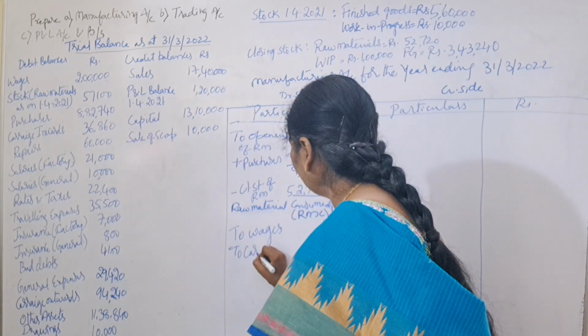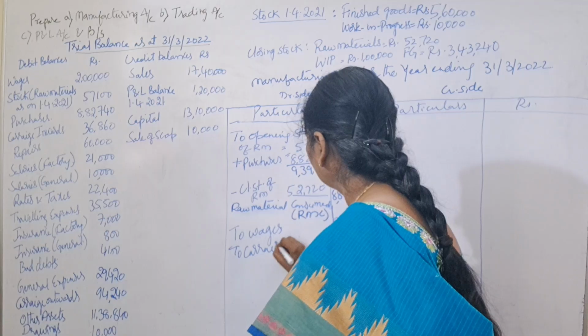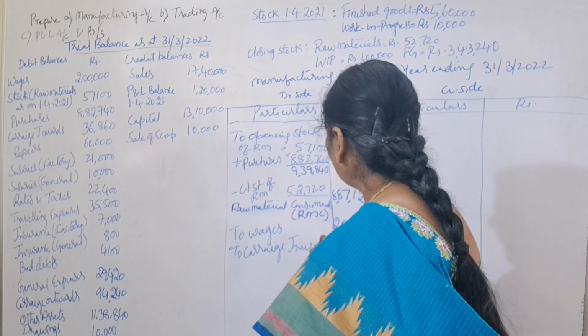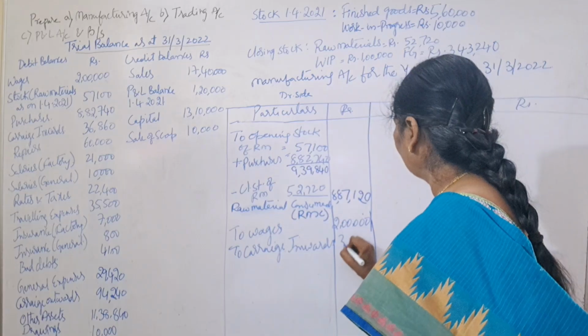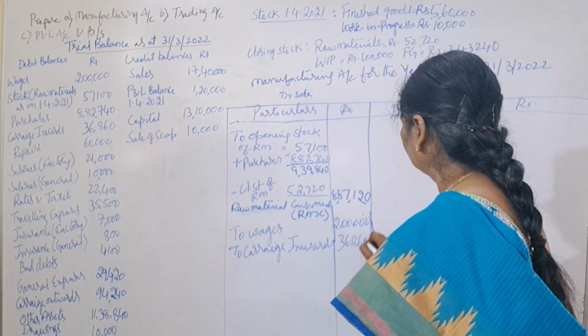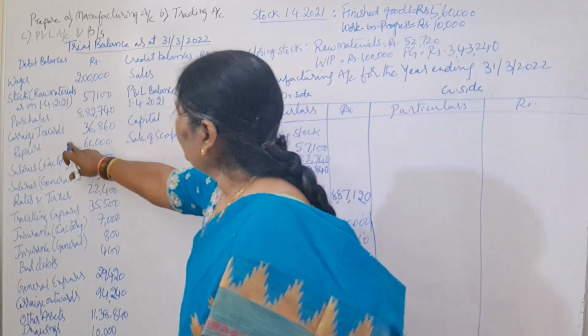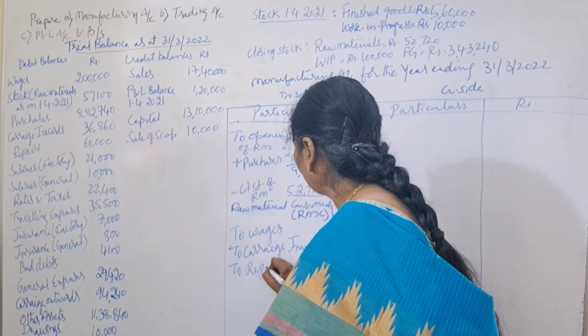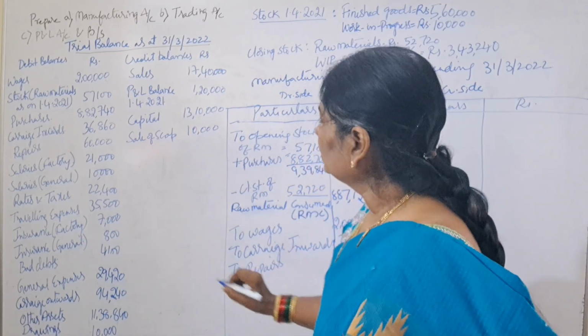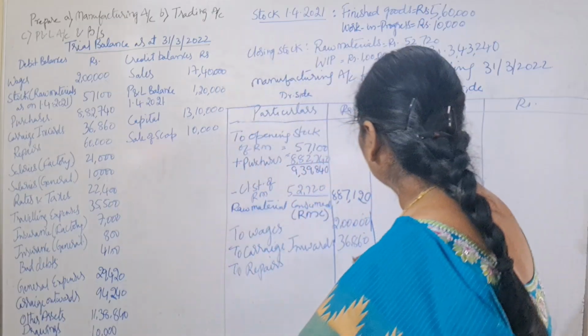To carriage inwards, what is the amount? 36,860. Next, repairs. To repairs, amount is 60,000.